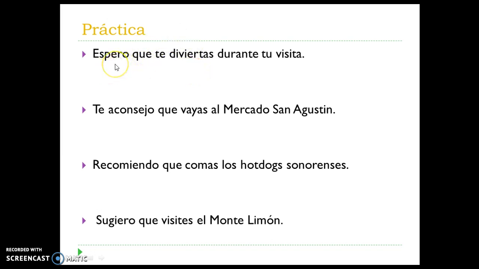Also notice that there are two different grammatical persons or subjects in the sentence, okay? So here we have espero, which is in the yo form, and te diviertas, which is in the tú form. And we're going to be seeing this throughout the rest of the examples that we have here. All right? So aconsejo is advice, right?